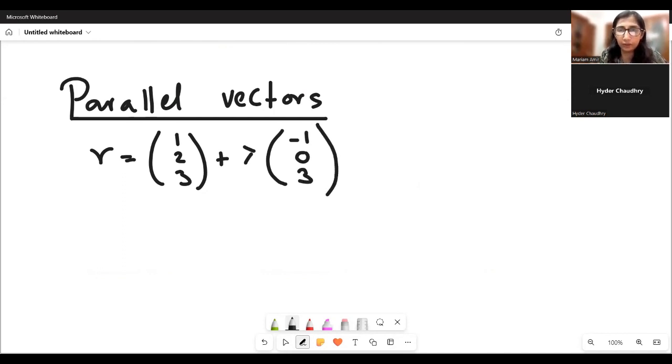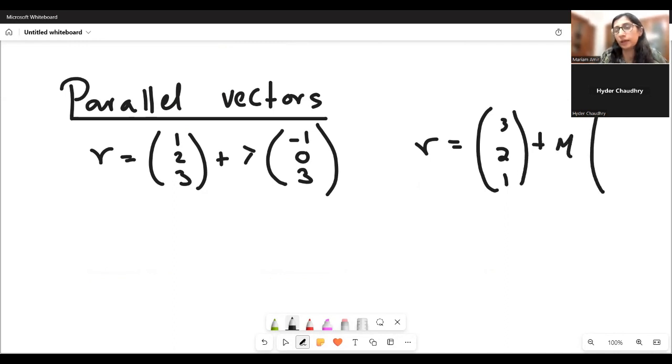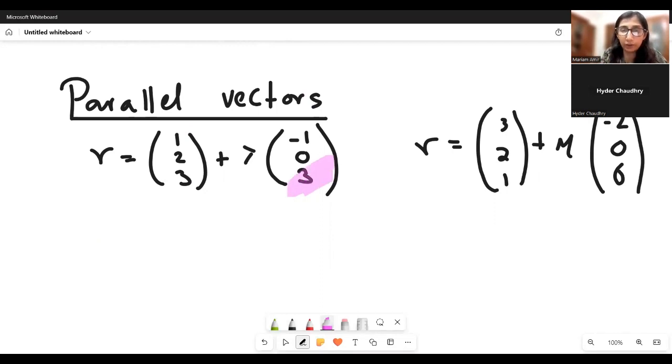And here's another vector, r equals (3, 2, 1) plus mu (-2, 0, 6). If you're asked to state if these two vector equations are parallel or not, all you have to look at is the direction vector. This is called the direction vector and this is called the direction vector.